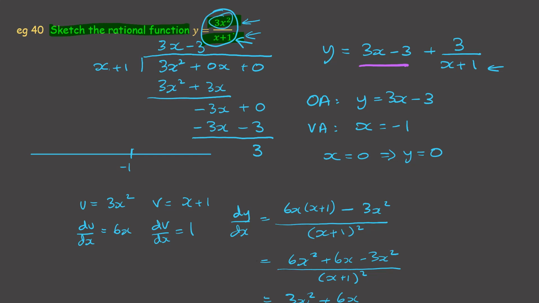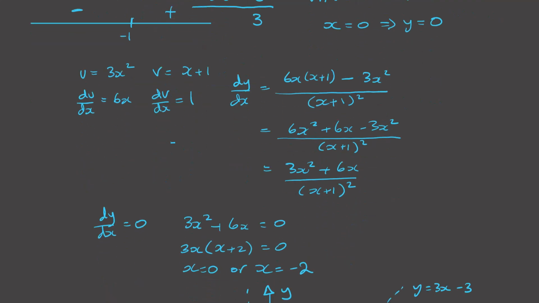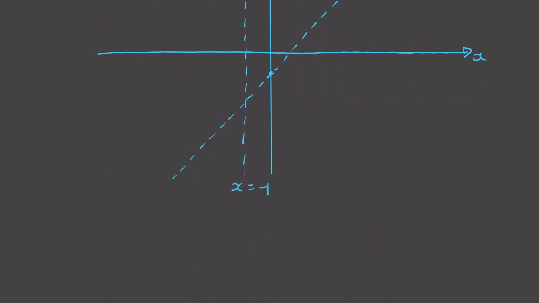So the top's always positive, the bottom's negative to the left and positive to the right. So we know that it must come in from the asymptote here and then head down that asymptote. And that fits with us knowing there's a turning point there at negative 2.